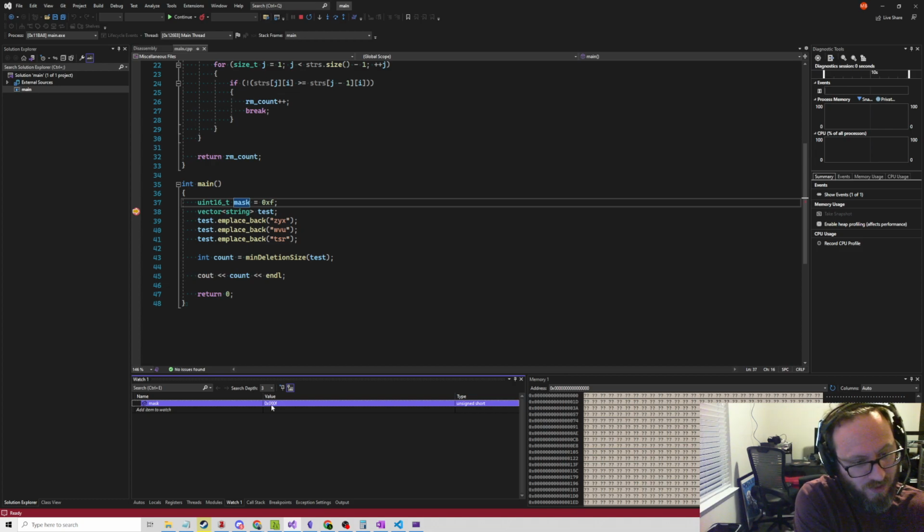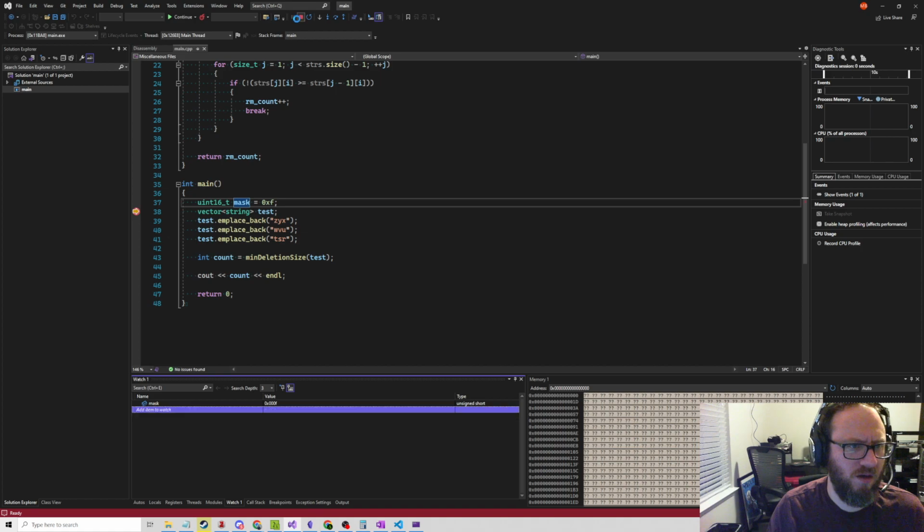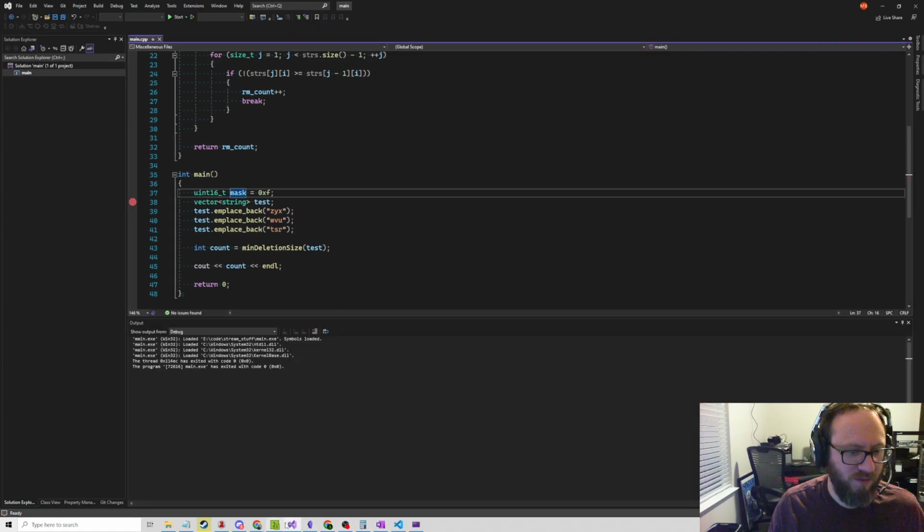No. It's not a byte, right? Uint short, unsigned int. Why am I getting so confused right now? Can I type? Okay, I can't do that here. Okay. I don't know why I'm getting super tripped up about the size of types right now.